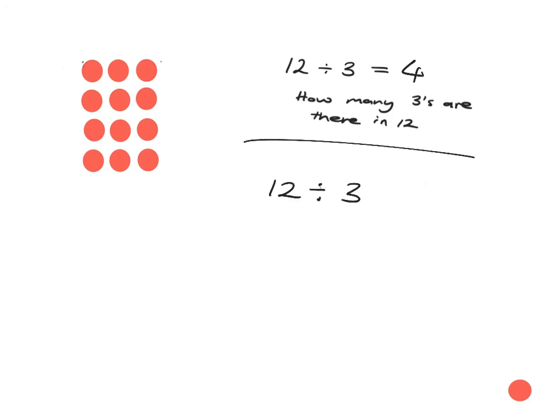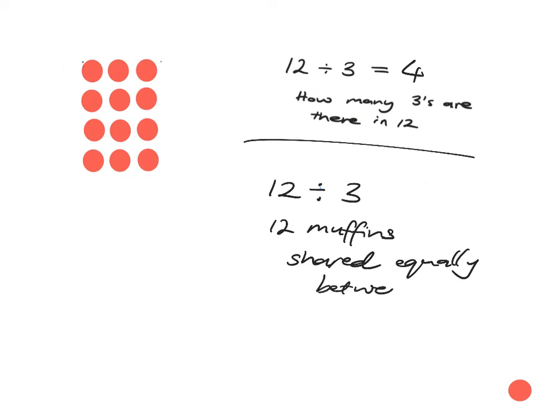And this way of thinking about division is to say we have got these 12 muffins, right? And they need to be shared equally, fairly, whatever you want to call it, between 3 people. And the question is, how many does each person get?